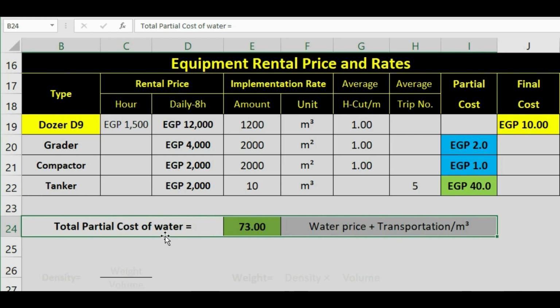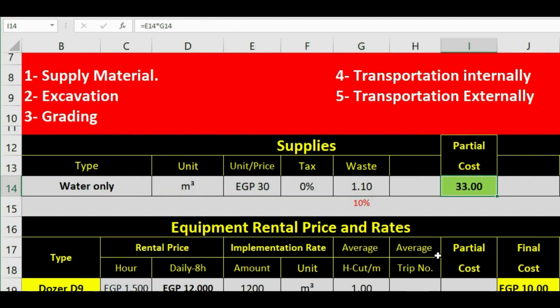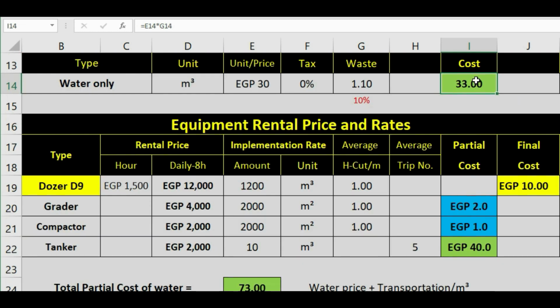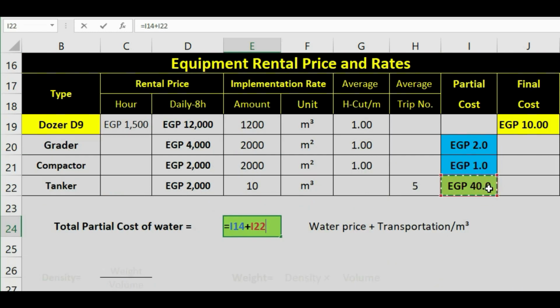The total partial cost of water equals 73 Egyptian pounds: the cost of water is 33 Egyptian pounds, the price of 1 cubic meter of water only, plus its transportation of 40, so the partial cost of water with transportation is 73.